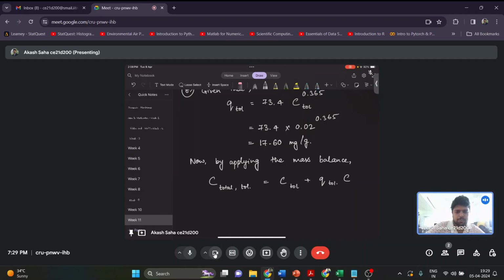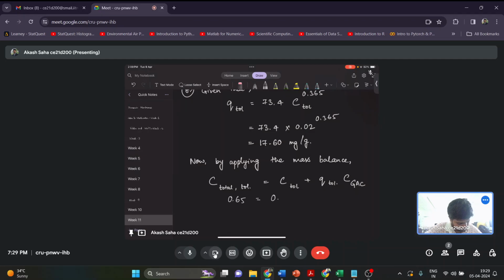Okay, sorry for the delay. So if we apply the mass balance, we see that the total toluene concentration will be partitioned into the toluene concentration in the liquid after adsorption and whatever is absorbed on the GAC. So this will be the concentration of the GAC or the activated carbon. So this is 0.65.